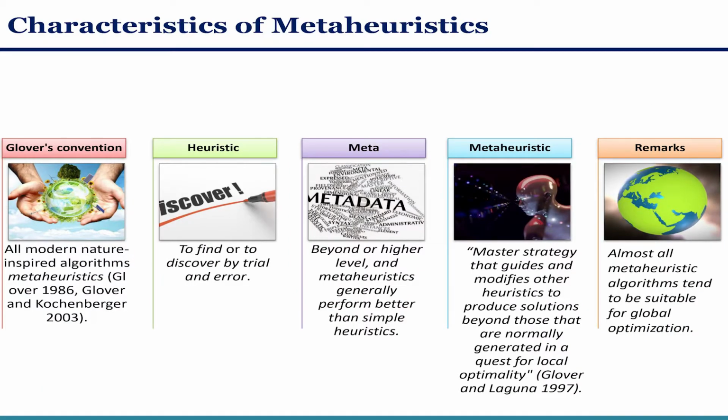Here are the characteristics of metaheuristics. First, the Glover conventions. The Glover convention, provided in 1986, covers all modern nature-inspired algorithms, that is, metaheuristics.